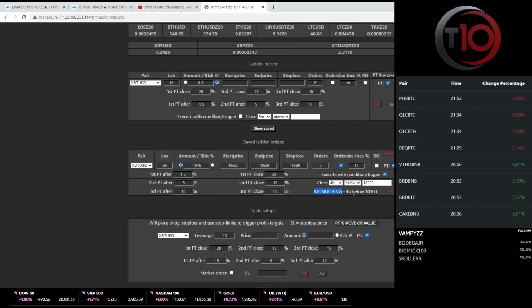This helper is monitoring the price, and when a 4 hour candle closes below 10,300, it will send this setup to BitMEX, and these are sent as actual orders. So resting orders, stop limits and stop loss and all that. But it will not be sent to BitMEX before this condition is met.